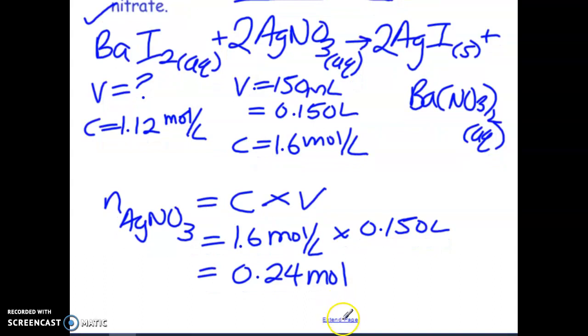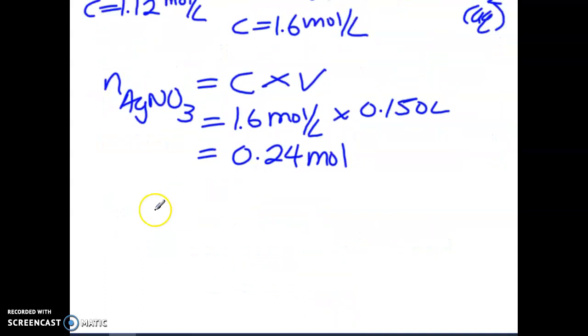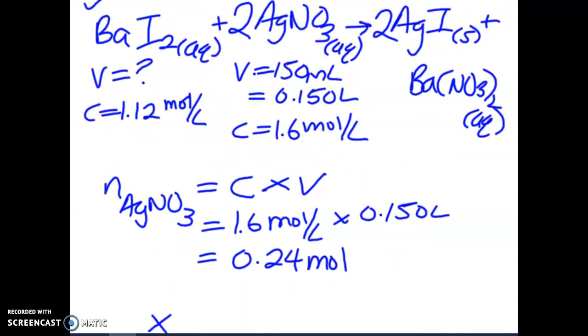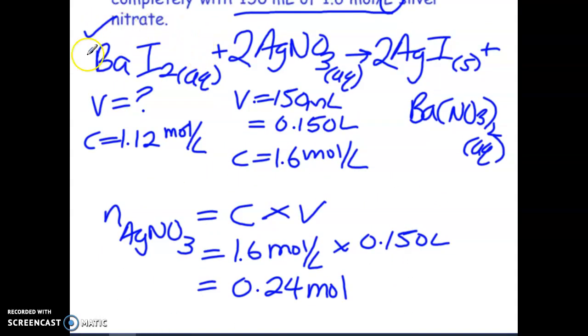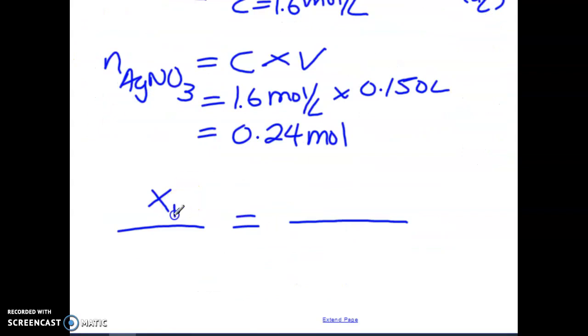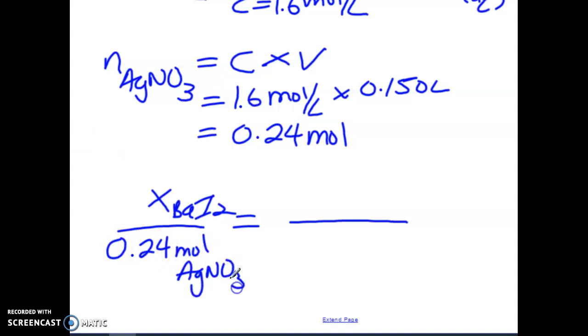Okay. Now, once we have our mole value, we're going to use the mole ratio to figure out the moles of what we want. So we want the moles of barium iodide, and we have the moles of silver nitrate. You should be used to doing this at this point, right? So the X is what we want to solve for. The denominator are the moles that we have.